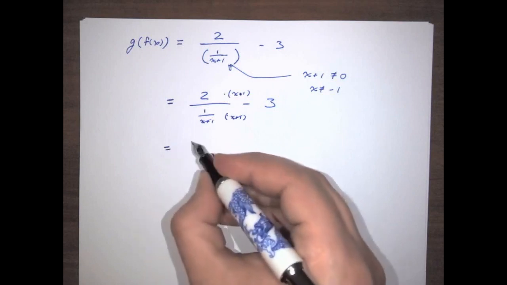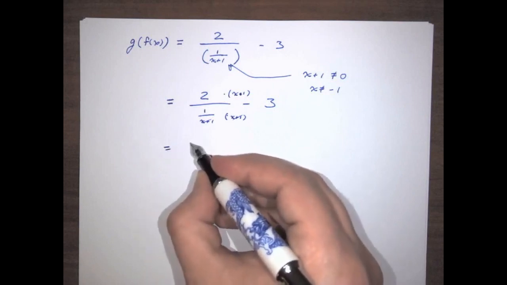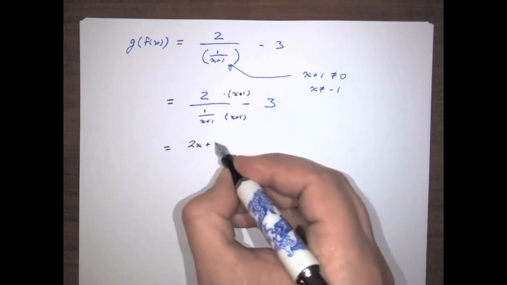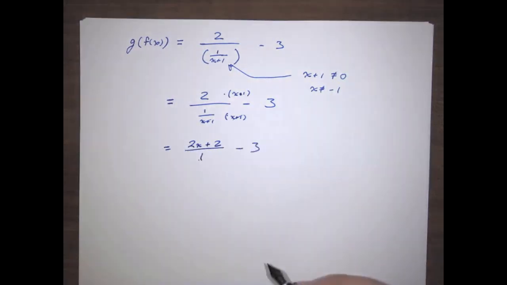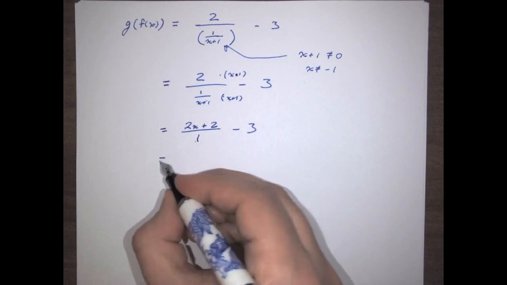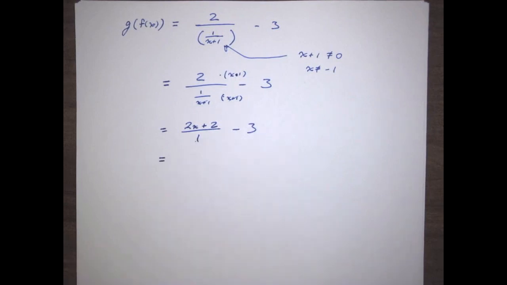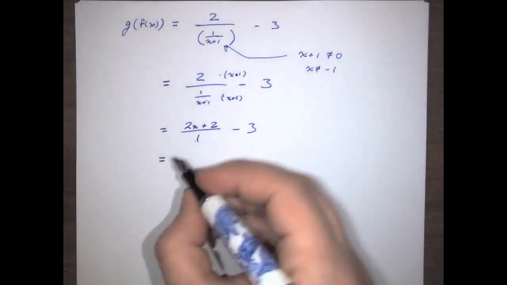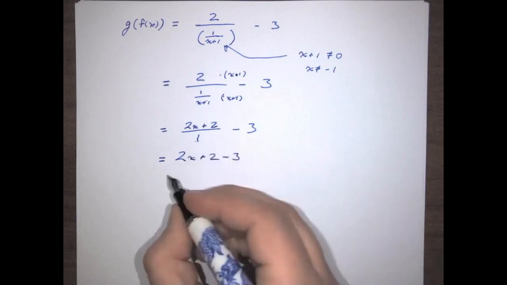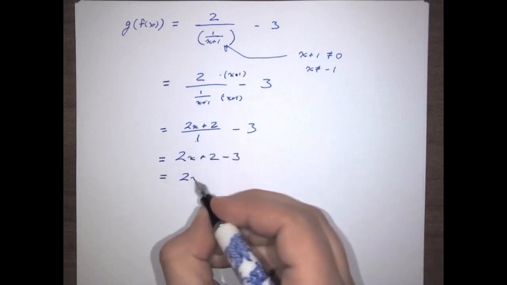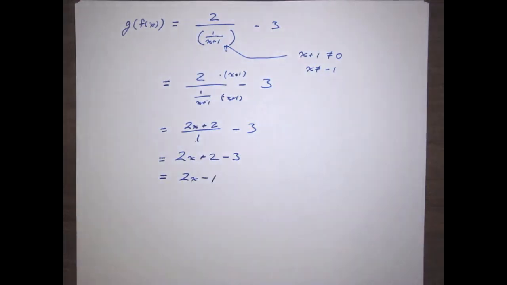And then what we're going to have is 2 times x plus 1, or in other words 2x plus 2, all divided by 1 minus 3. And then this is going to give us now just 2x plus 2 minus 3, which is going to be just 2x minus 1.